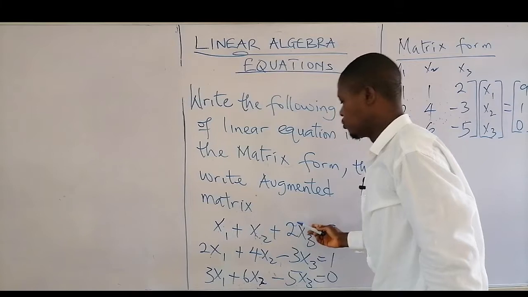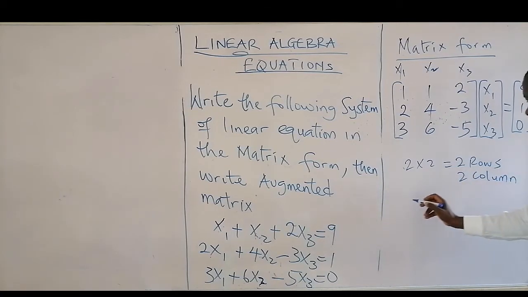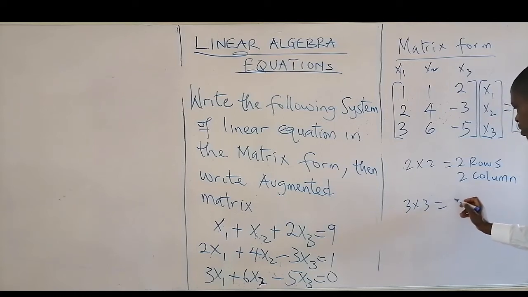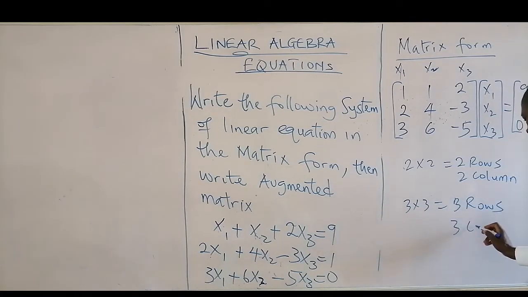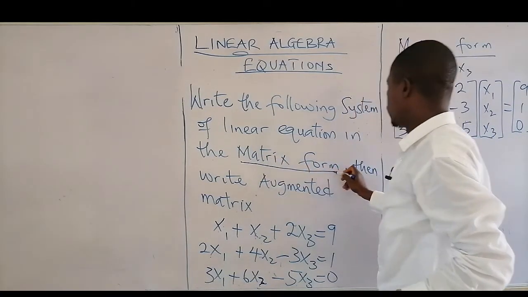If you have 3 unknowns, that will be a 3 by 3 matrix. What is the meaning of 2 by 2? 2 by 2 means 2 rows and 2 columns. 3 by 3 means 3 rows and 3 columns. We are told to do the matrix form, which we have done.